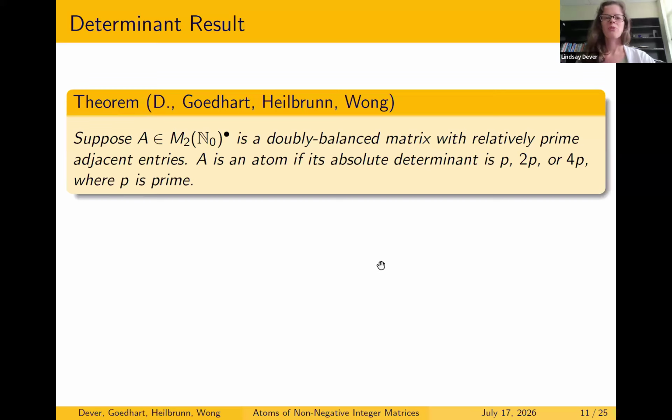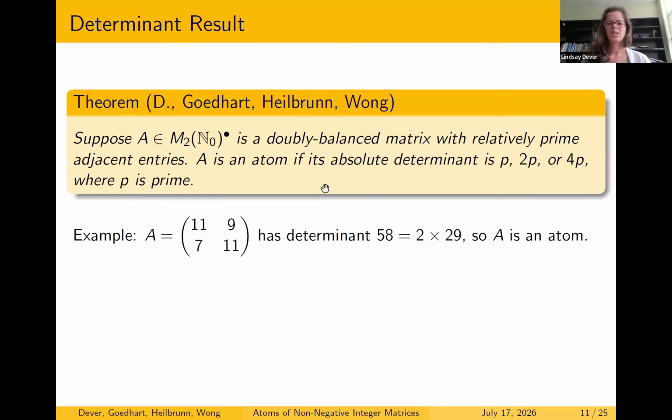Okay, so the first result came from work that Greg did in his thesis. He showed that if you have a doubly balanced matrix with relatively prime adjacent entries, and it has absolute determinant P, 2P, or 4P, where P is prime, then that is an atom. For example, this matrix has determinant 58, which is twice the prime, and so that is automatically an atom.